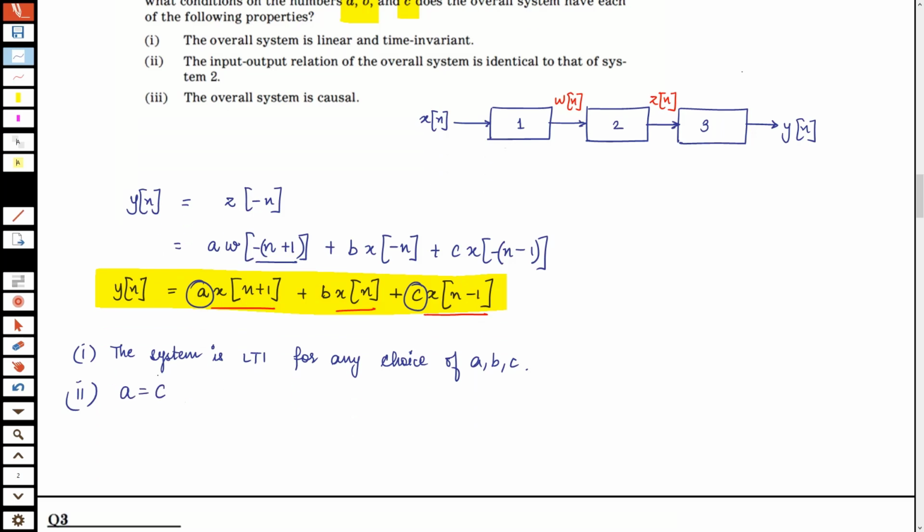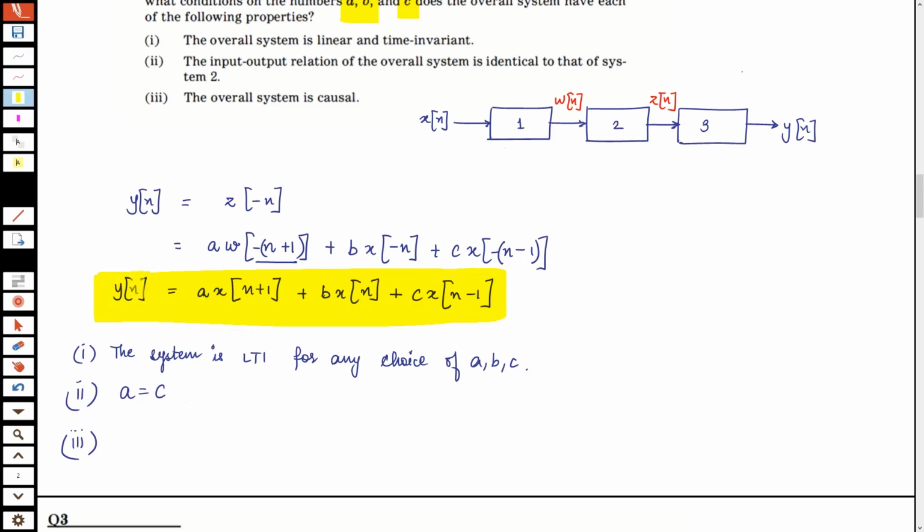The third case says, what is the condition that the overall system is causal? Now, what is the meaning of a causal system? A causal system is non-anticipatory. That means the output of a causal system depends only on the present and past inputs. It has got nothing to do with future inputs.